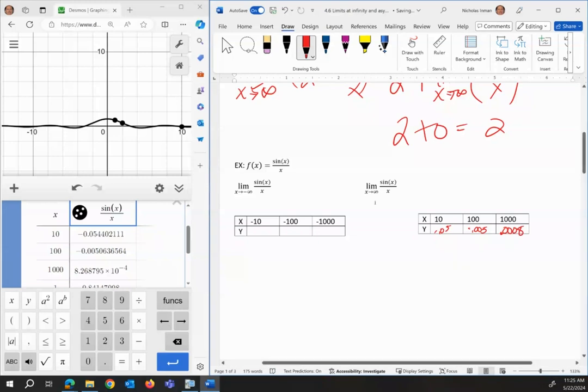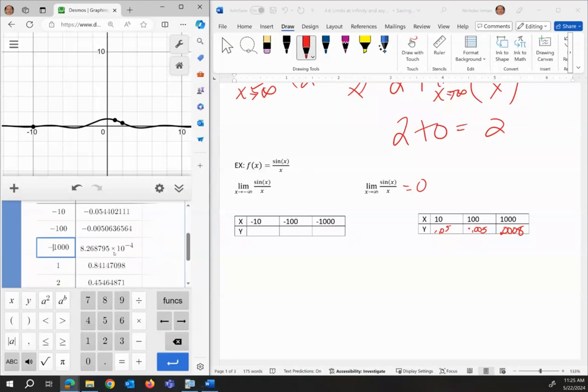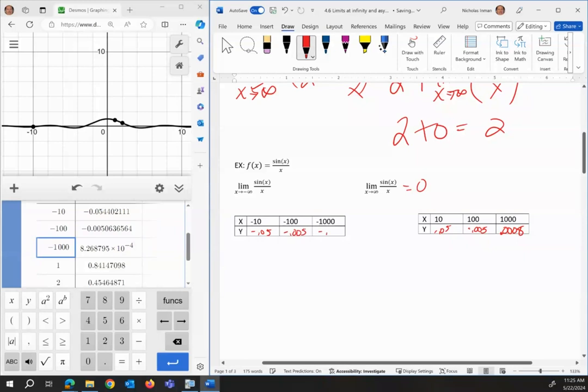So we get numbers that are getting closer and closer to 0. On the left-hand side, if these are negatives, we actually get the same exact numbers. That's kind of fun. So again, we get very close to 0.